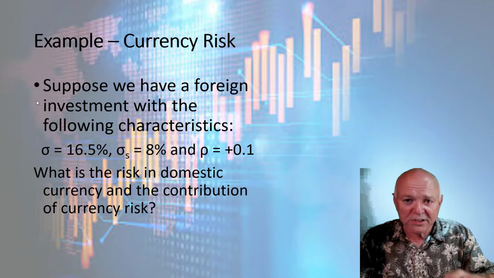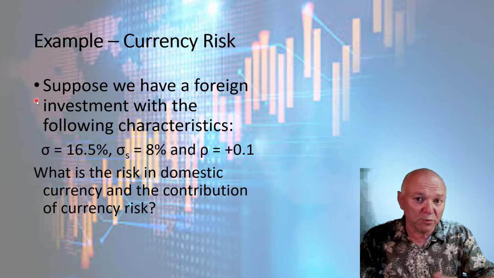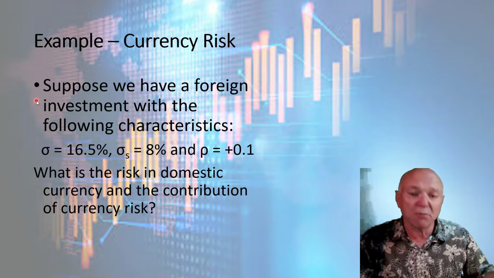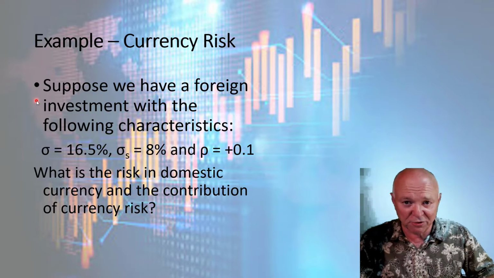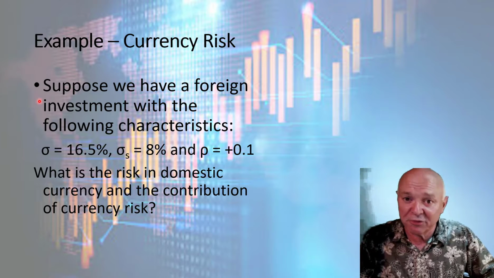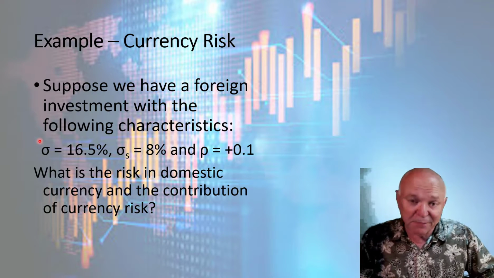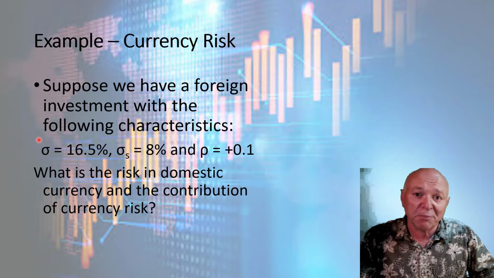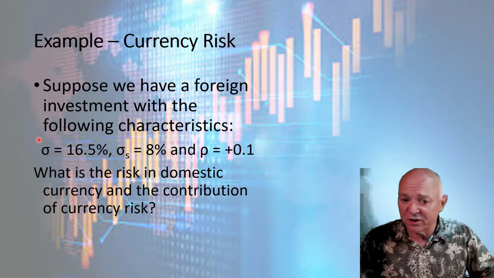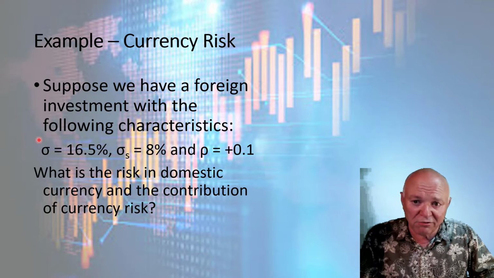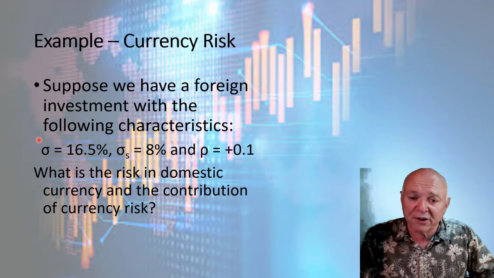So as well as the risk from the investment, we have the risk that comes from currency, or the risk that there's a movement in the spot rate for the currency that we report in versus the currency we invest in. If you take a look at an example that comes from the Solnik-McLeavey textbook from chapter 9, you can see here we've got an example where the standard deviation for our portfolio, for our investments, is 16.5%.